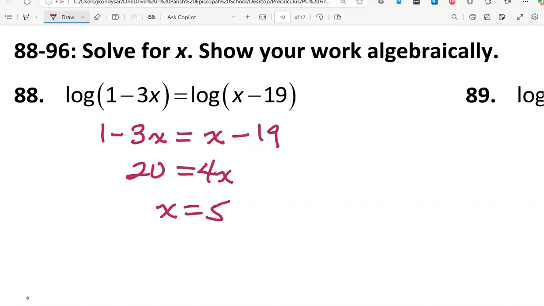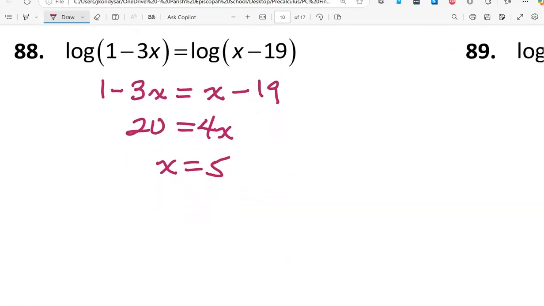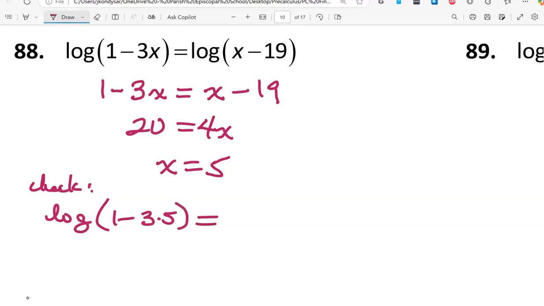In this type of equation, because of the domain of a logarithmic function, it's important to check your answer. And if we check, we see the log of 1 minus 3 times 5, is that equal to the log of 5 minus 19?